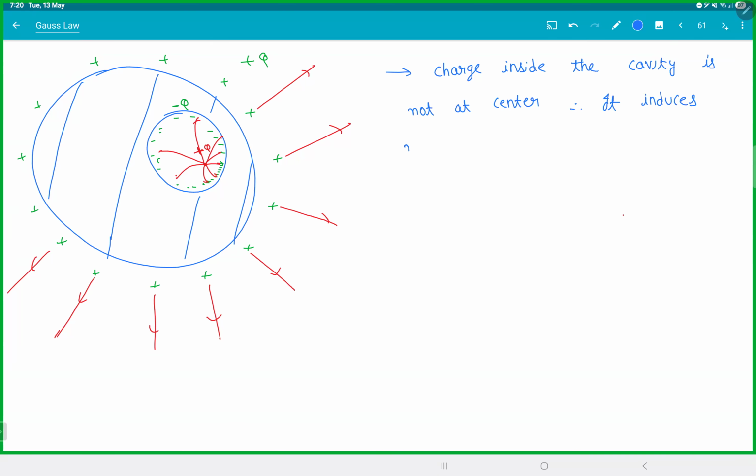It induces non-uniform charge, but the total charge is still minus q. Like I said, you'll always induce equal and opposite charge, but it's not a uniform field. Because of this, inside the cavity, you'll have a non-uniform field. And once you go outside, the outside charge is uniformly distributed because the inside charges don't interfere with this.